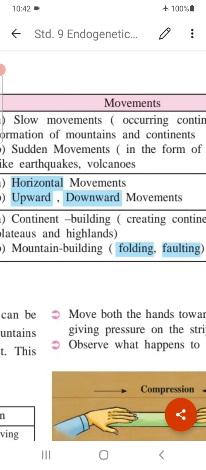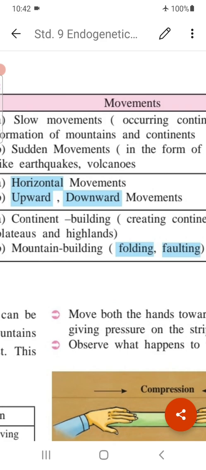Slow movements occur continuously and consistently above the surface of the earth, even under the surface of the earth. These are like formation of mountains and continents. Now you must remember one thing, that these mountains and continents are not formed due to upper surface movement. Please students, do remember this.